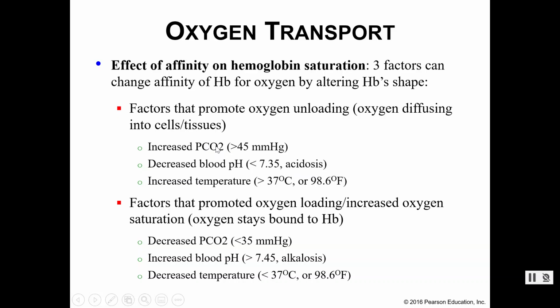We get rid of the CO2. We keep our pH where we want it. How do we do that? All of that oxygen sitting on those little hemoglobin molecules, we unload them into the cells and tissues for use. Again, all of these three promote oxygen unloading. We're taking oxygen from the hemoglobin, we're putting it in the cells and tissues to use it.